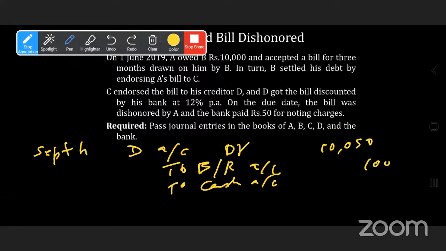Bills receivable amount 10,000, noting charges 50 rupees. So you have to write the narration: being bill dishonored and noting charges paid. Okay.